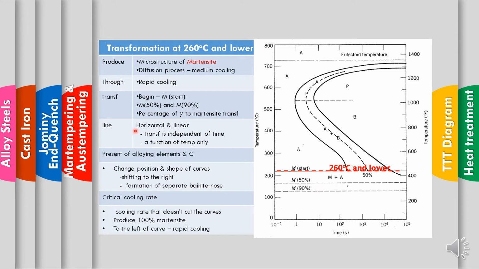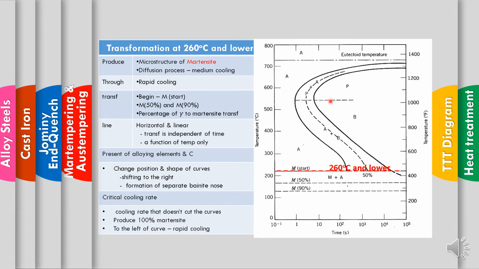And then we have the horizontal line: the transformation is independent of time, so we can see it is a function of temperature only. The presence of alloying elements and the carbon content change the position and shape of the curve, shifting it to the right.